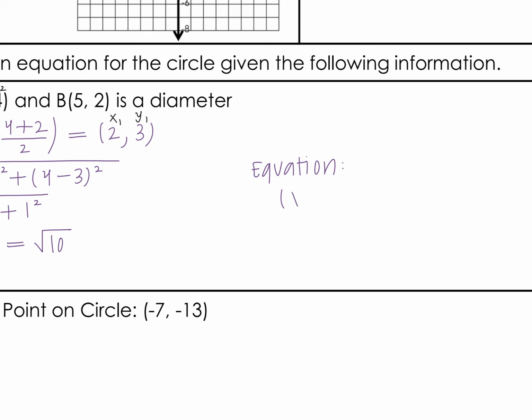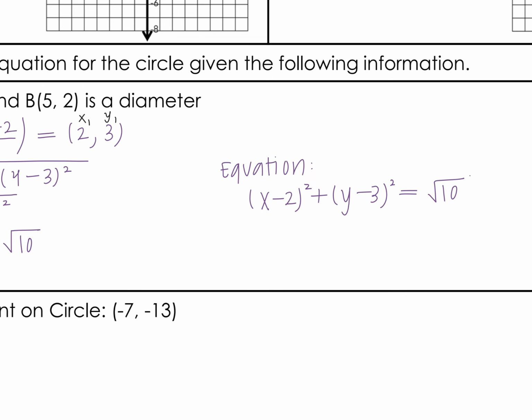Okay, so we'll have that x minus 2 squared plus y minus 3 squared is going to be equal to that square root of 10 squared. Okay, remember that's your radius squared.